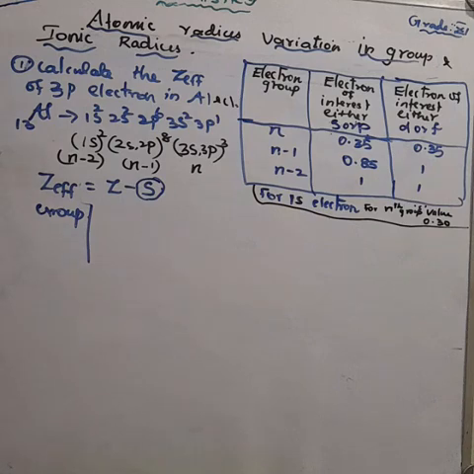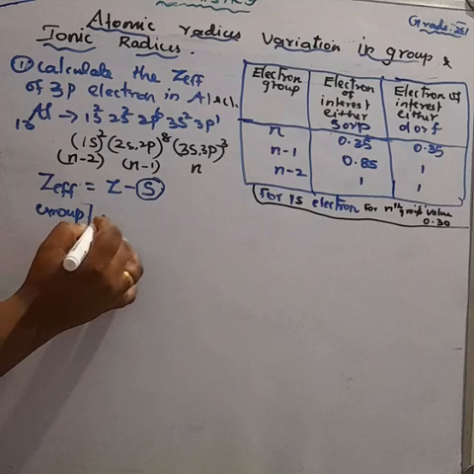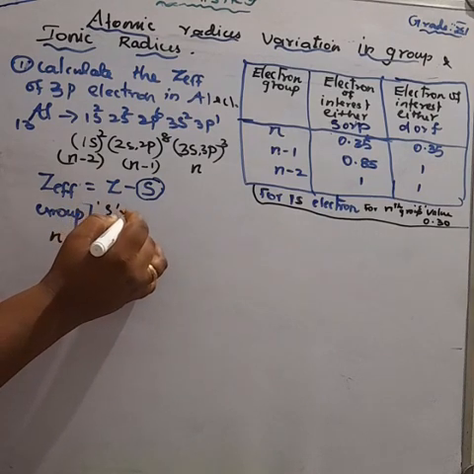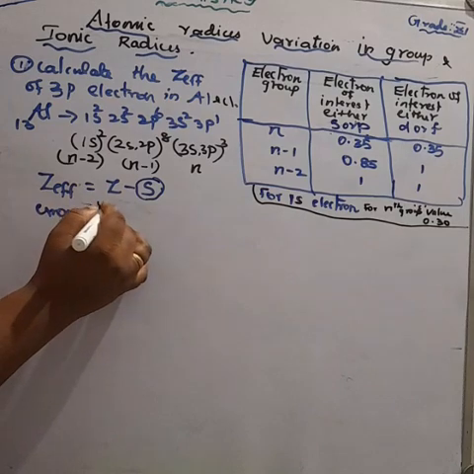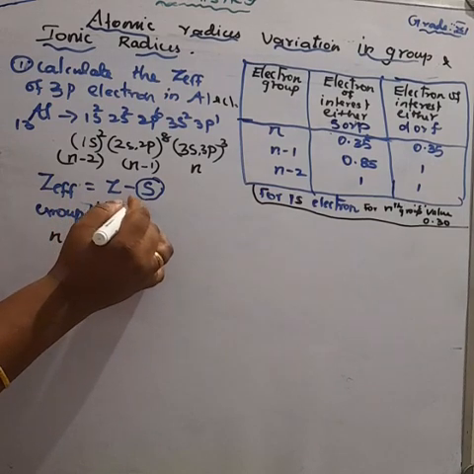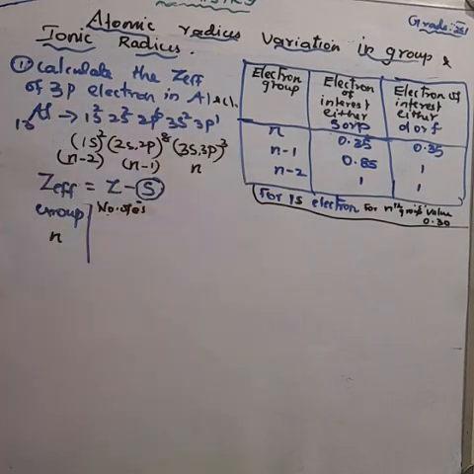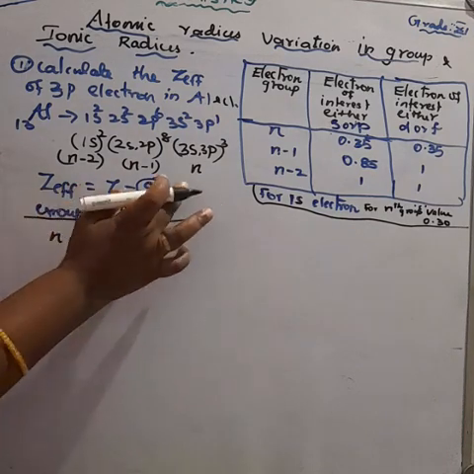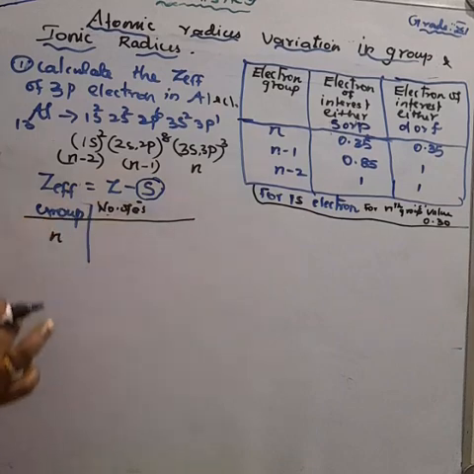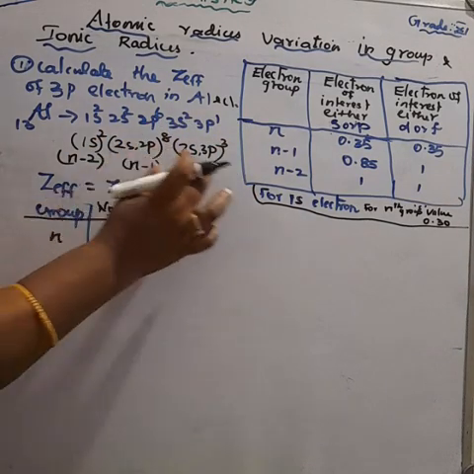So here the group name is n. How many electrons are in this group? Totally 3 electrons, but as I already told you, for the nth group we should subtract 1 from the total number of electrons.